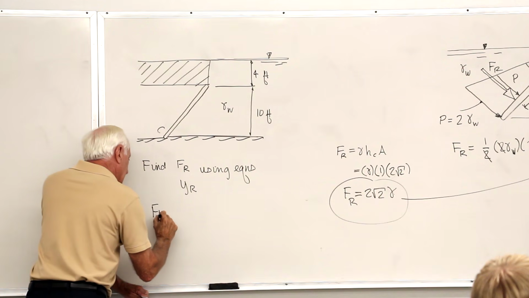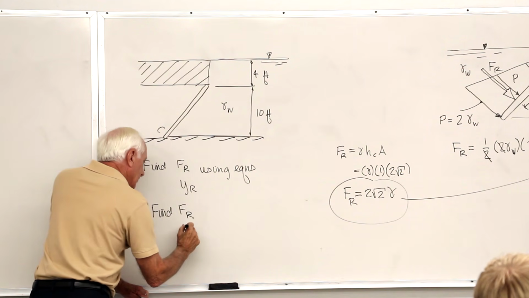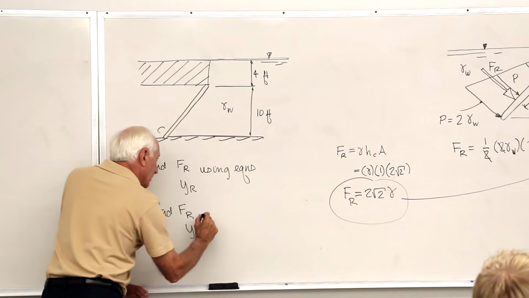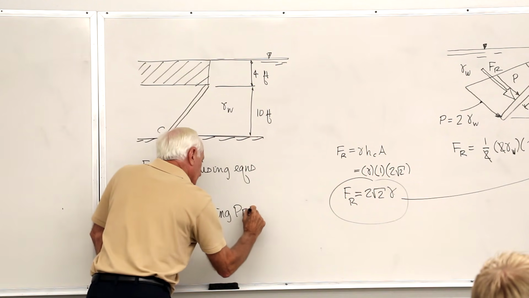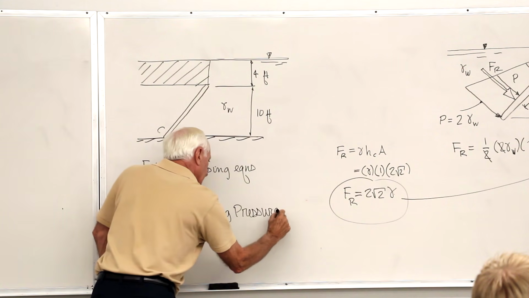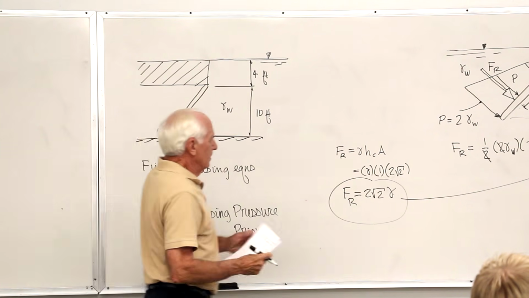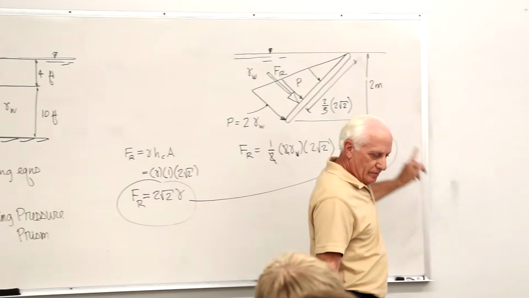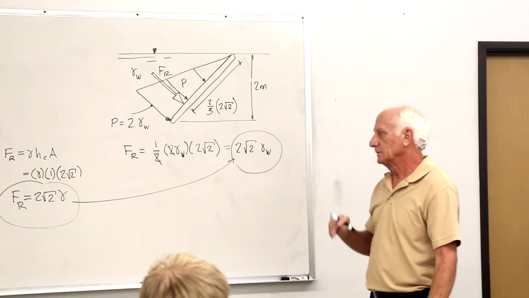You can find FR, you can find YR using the pressure prism. Over here, I showed you, they both give the same answer.